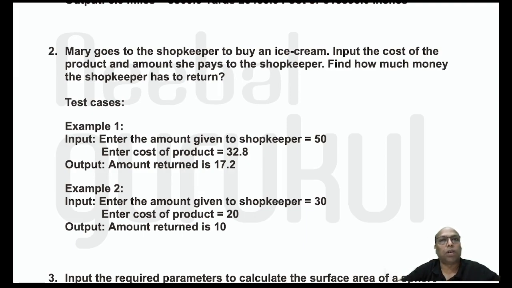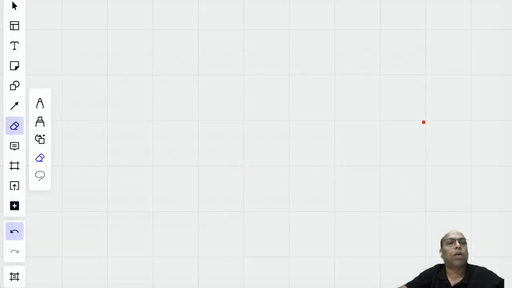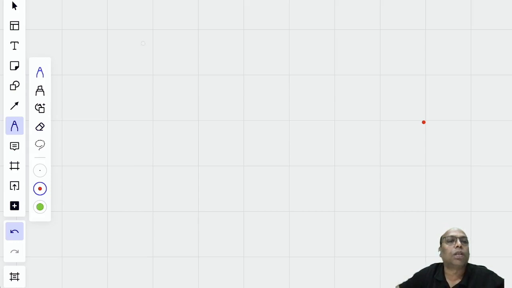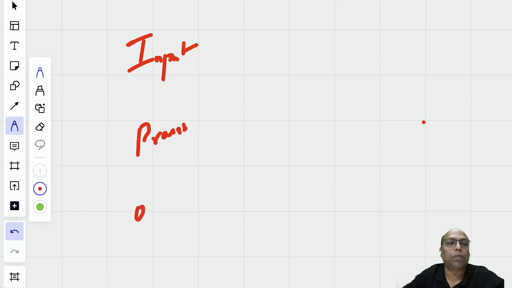Okay, let's solve the problem. So now we are going to see what the first step is. What is the input? What is the process? What is the output? What was the input?